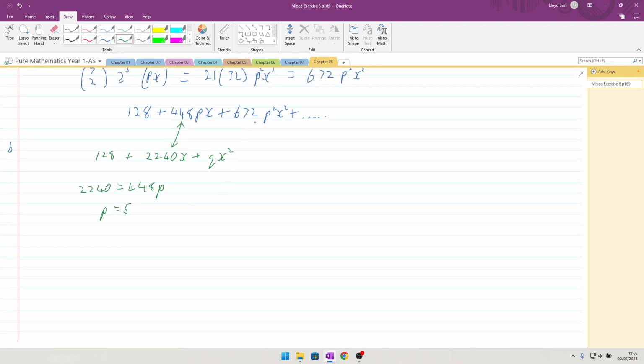Okay, and then we can say up here that the q term would be q is equal to the 672 from up here, times p squared. And since p is 5, q is equal to 672 times 25. Okay, so q equals, what's that, 672 times 25, 16800. There we go, p and q.